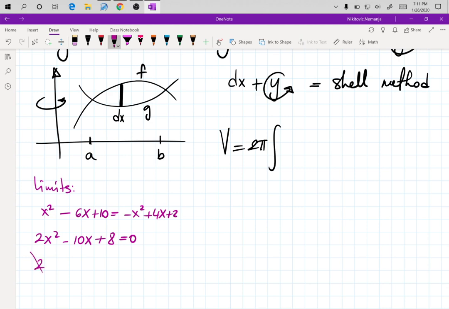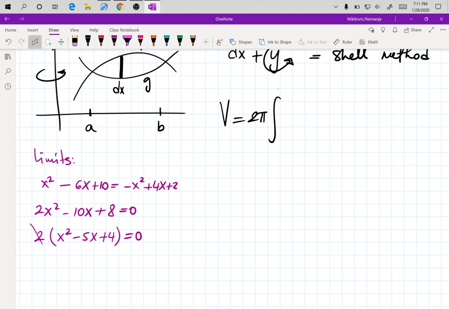Factor out 2 and then kill it. X squared minus 5x plus 4 equals 0. You divide both sides by 2. That kills a 2. And then we have x minus 5, x minus 1. So x are 1 and 5. So those are my 1 and 5 limits.